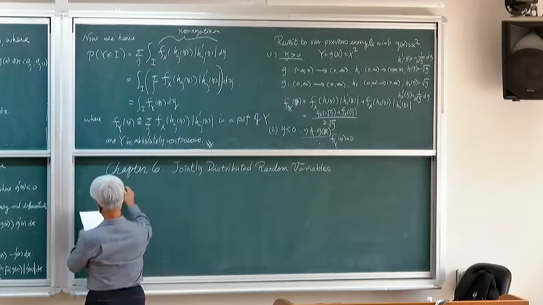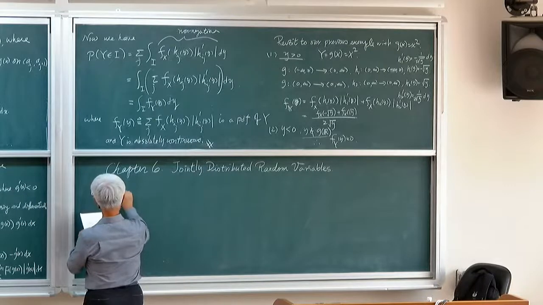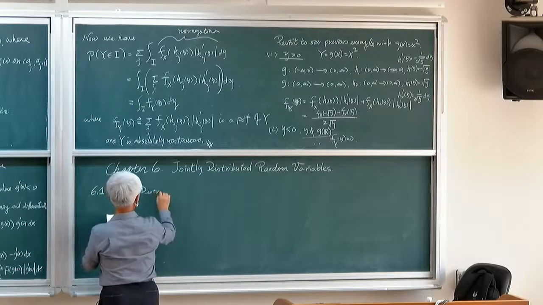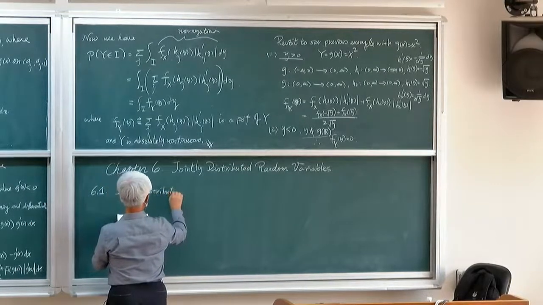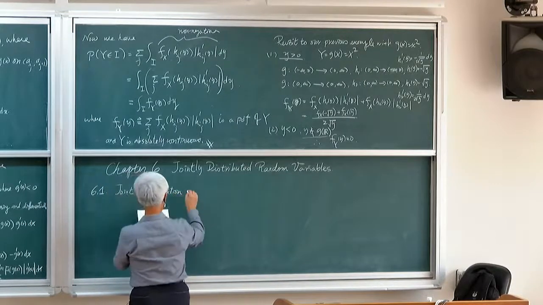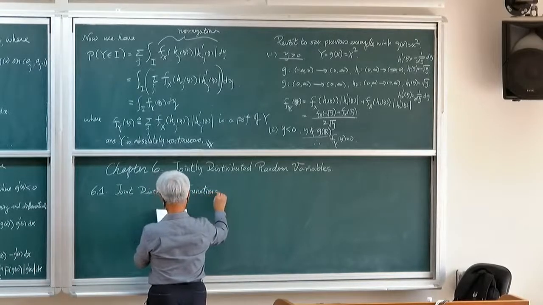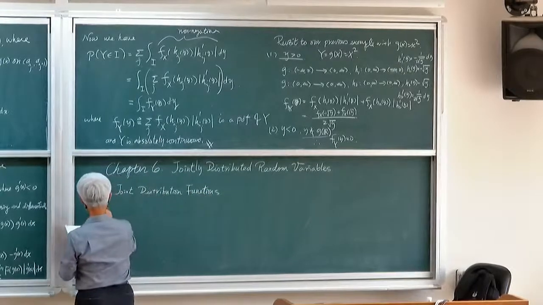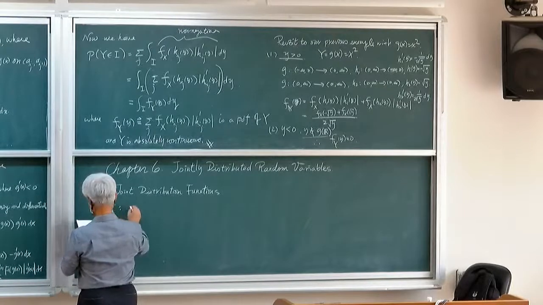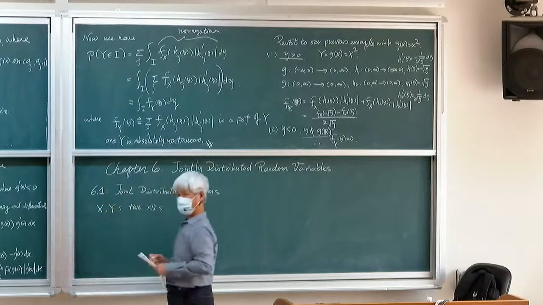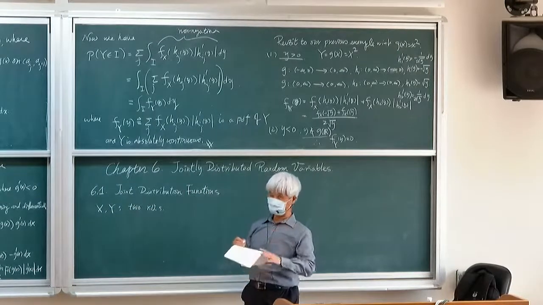All right, so the first section is about joint distribution function. All right, so suppose we have two random variables. Okay, suppose we consider the simple case.